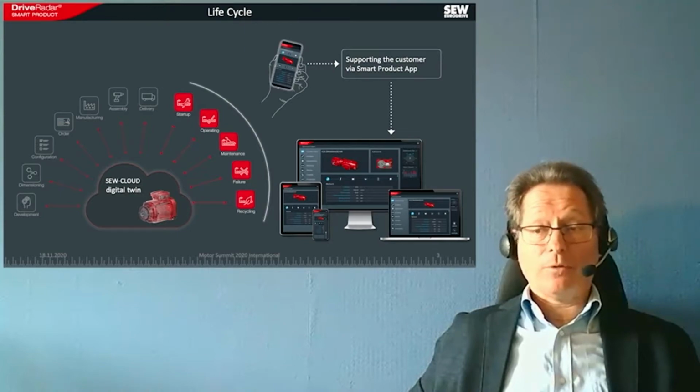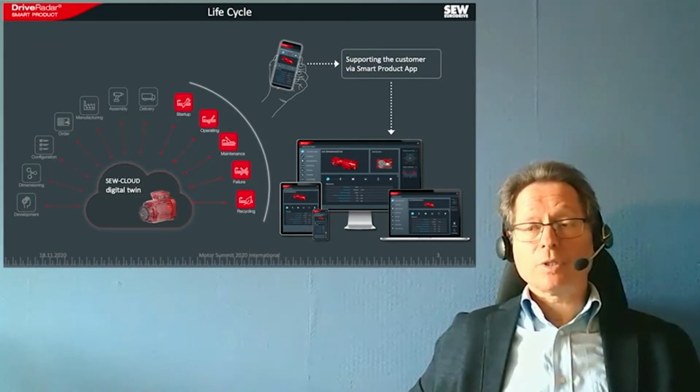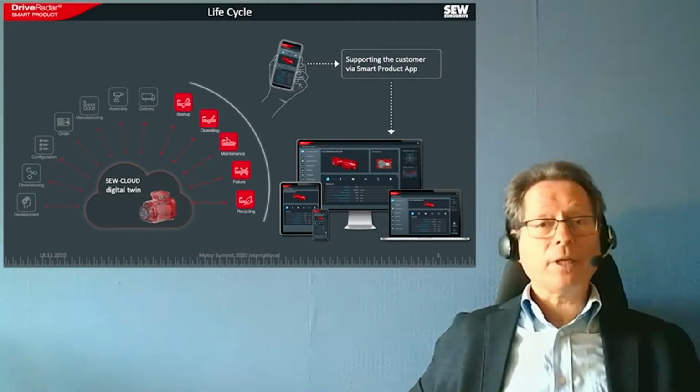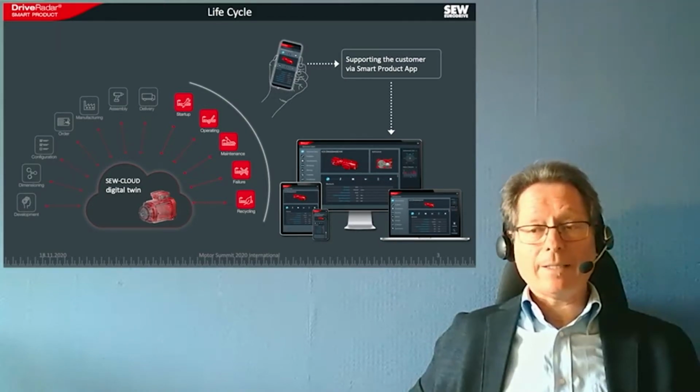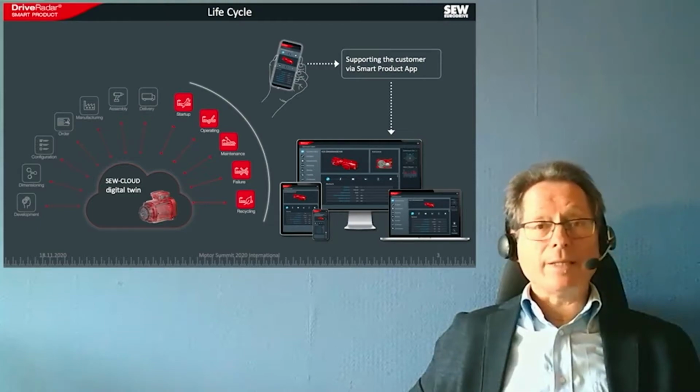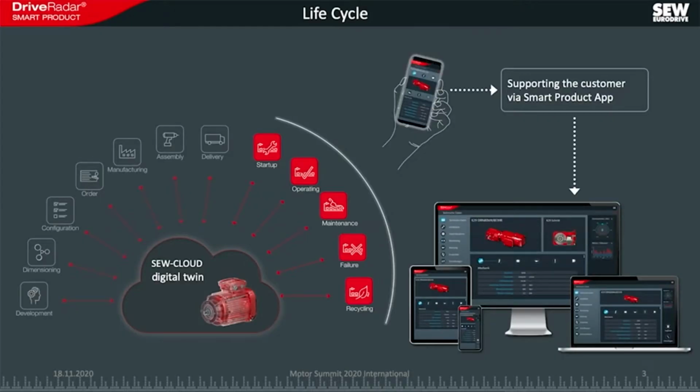Now it's time for our customer to use this motor or frequency inverter. They have to install the device and to do its startup. Here, the customer will have the first benefit. All the data is now stored in the digital twin.